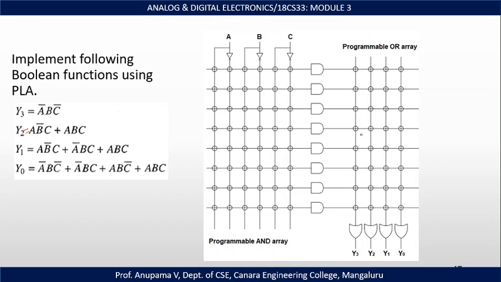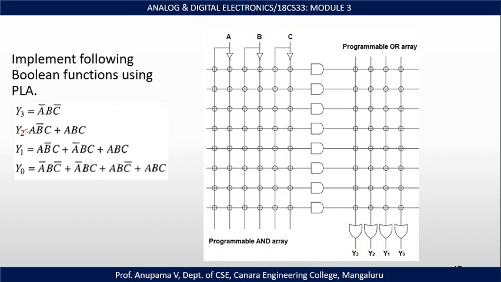In order to implement the given equations, we need a three-variable PLA. So the inputs for the AND gates are the three variables A, B, C and their respective complements, and we need four output OR gates. We have named the output OR gates as Y3, Y2, Y1 and Y0.